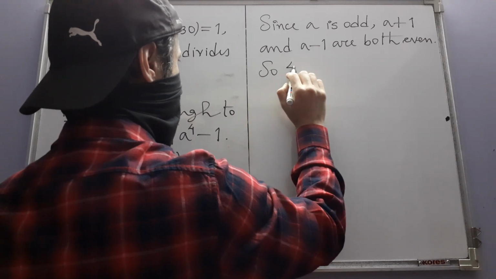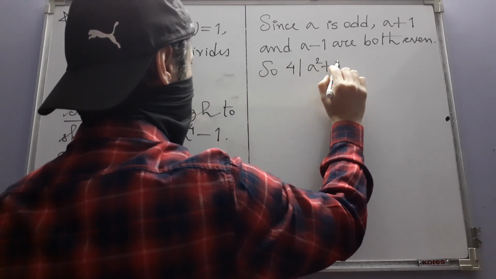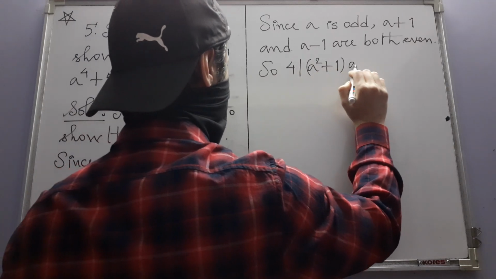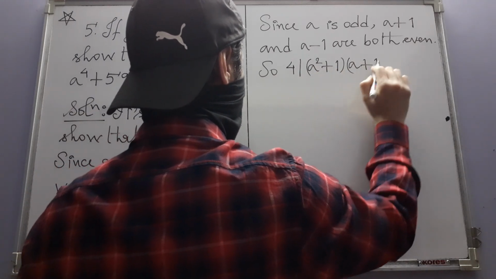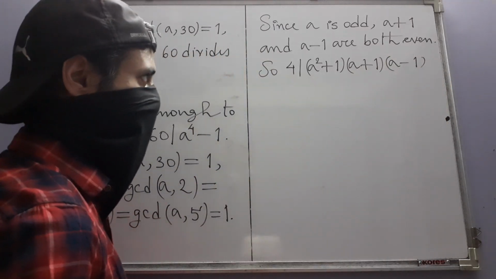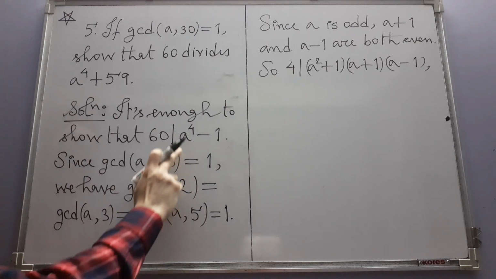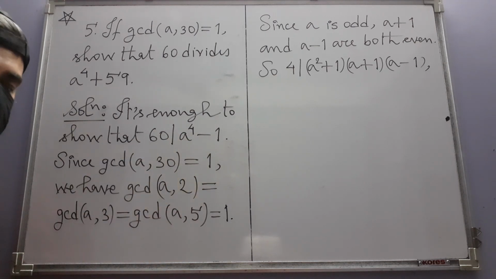So 4 divides a square plus 1 times a plus 1 times a minus 1, because these two are both even. However, this product you can clearly see is nothing but a to the power 4 minus 1.